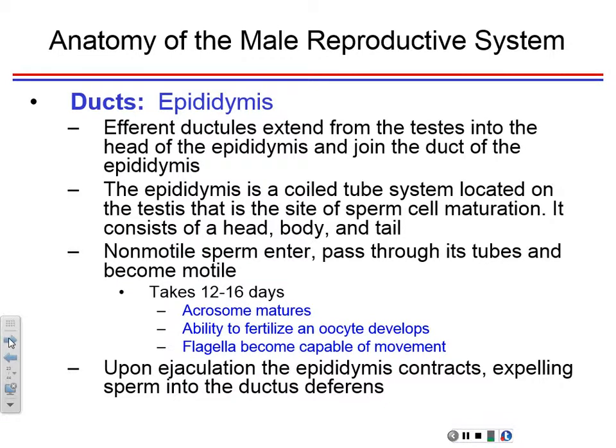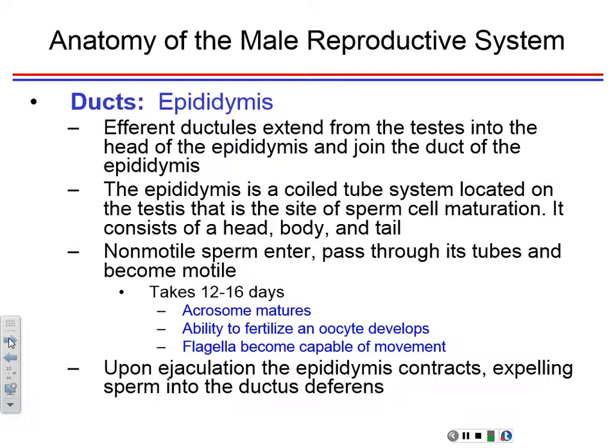When they are produced in the seminiferous tubules, they are non-motile, they are not active, the tails don't work, nothing works. It's just a structure, a shell, with the goods, the 23 chromosomes. Then it goes in here. That's where all the action happens. They become active.